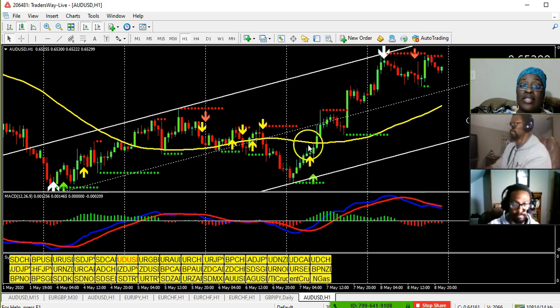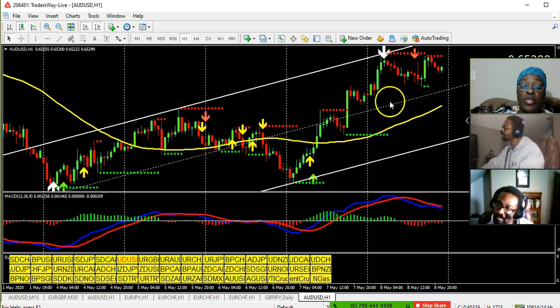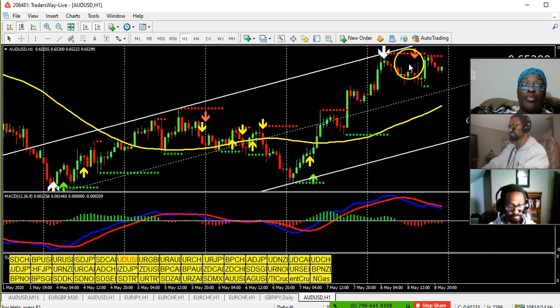However, as you can see, it still would be above the 50 moving average, which confirms that we're still in a low quality trade, even though price is going down. Still low quality, still high risk.